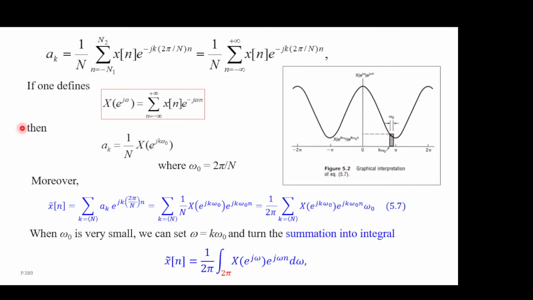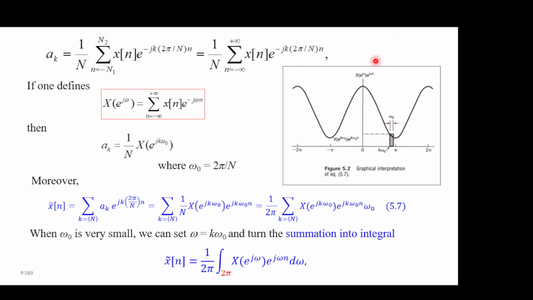So you see that if you have this envelope function big X of e to the j omega, like something like this, then you can read a_k for every k. It's just some point of this big X divided by big N, where your a_k is taking this envelope function at the value k omega naught.